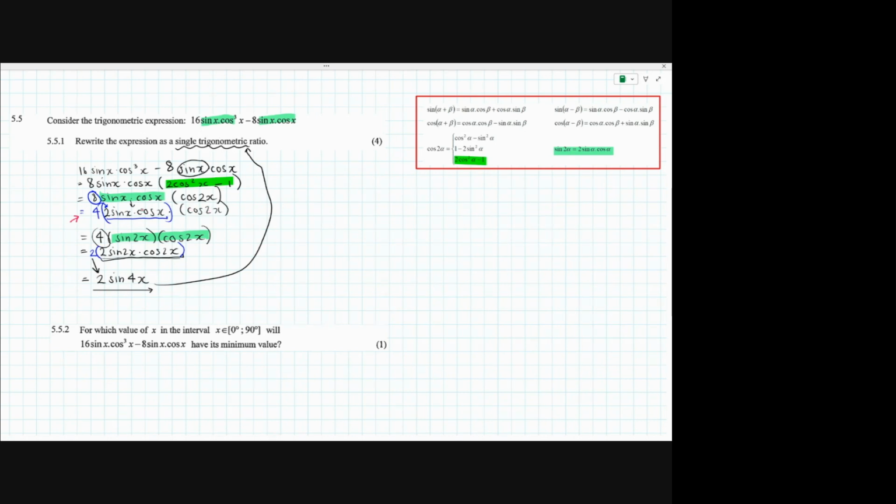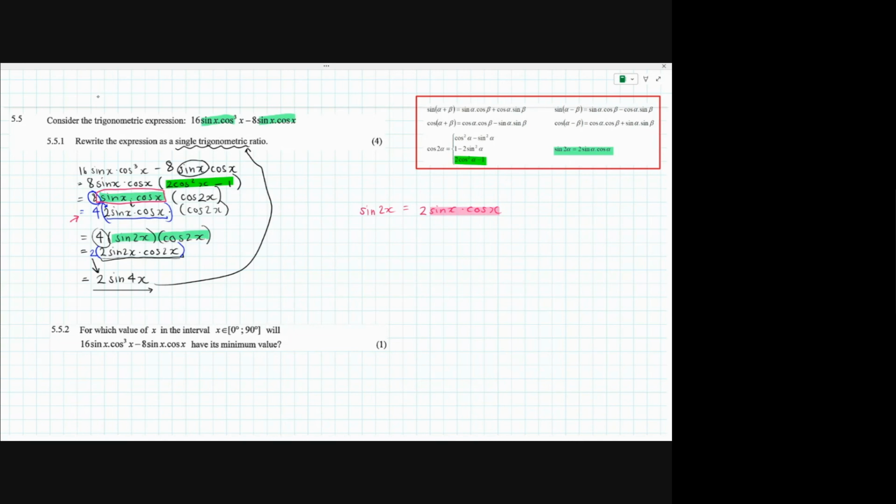Okay. So we can see that the sine x cos x looks like my double angle. So let's just write this out here. Sine of 2x is equal to 2 sine x cos x. So this little pink rectangle that I have here matches up perfectly to this part of my identity.